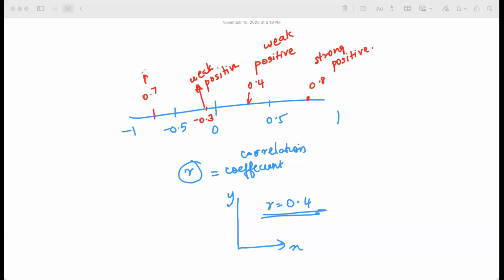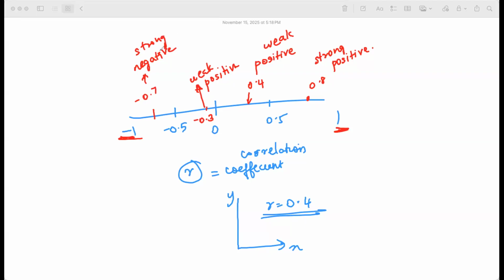How about minus 0.7? It's negative, but it's like mild. See, if it is towards this end, this is your strongest. So it is strong negative.